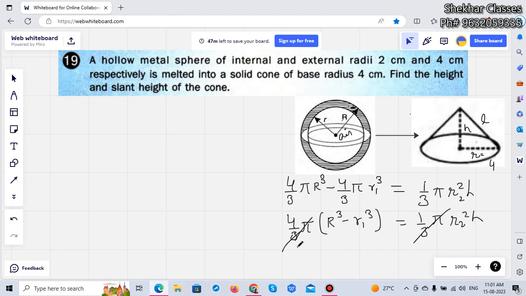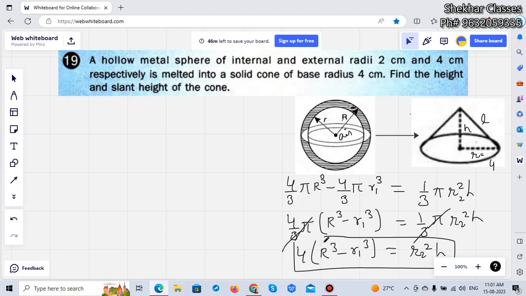So what is left? 4 into R cube minus small r cube is equal to r2 square h. Now we have got this. This is what we will substitute the value. Now we can't reduce this any further.